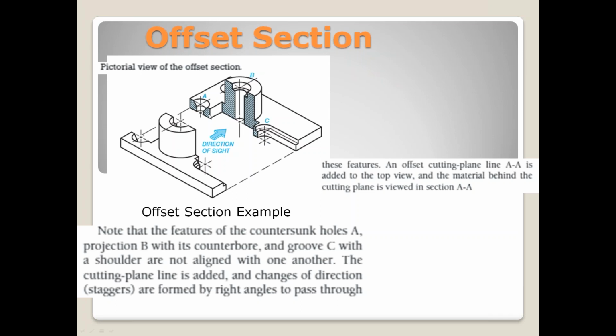You have to change the direction because you're cutting here at 90 degrees, going a little deeper to show the detail of that projection B. The countersunk hole is very important. You show the countersunk hole A, then projection B with the counterbore, and the groove C.